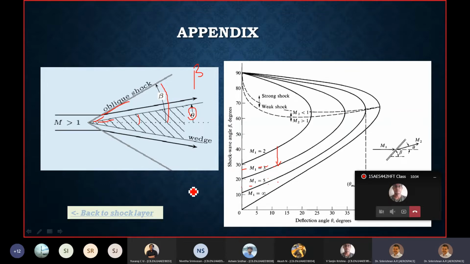We'll review this later with the equations for shock wave relations. But for now, just remember that when there is an increase in Mach number, there is a decrease in the shock wave angle for a given value of theta. Now let's get back to what we were discussing.